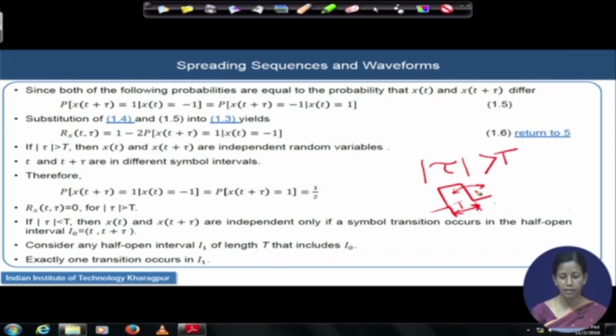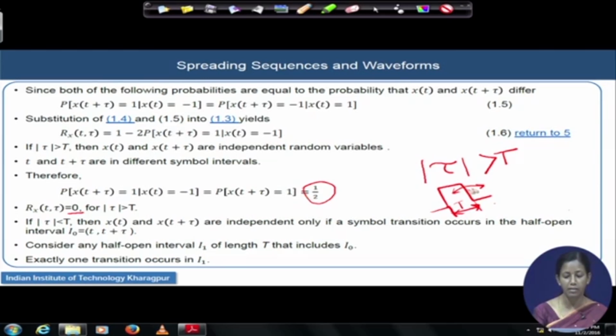So, there is no autocorrelation, because the time differences are complete, and hence the autocorrelation function for x(t) and x(t+τ) will boil down to 0. In such a situation, when τ is greater than capital T, the probability of an erroneous reception is equal to the probability of correct reception, so this probability will be given by half.